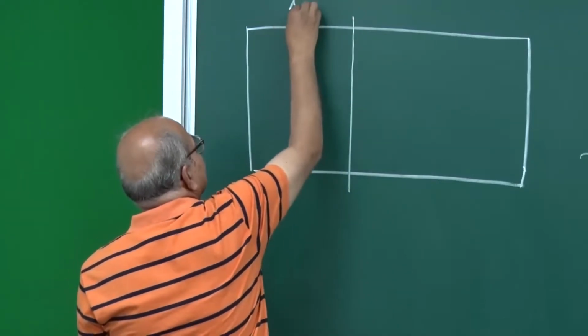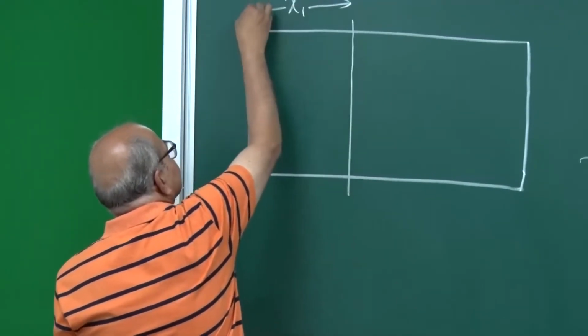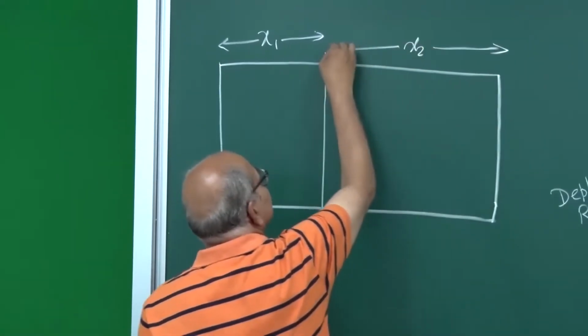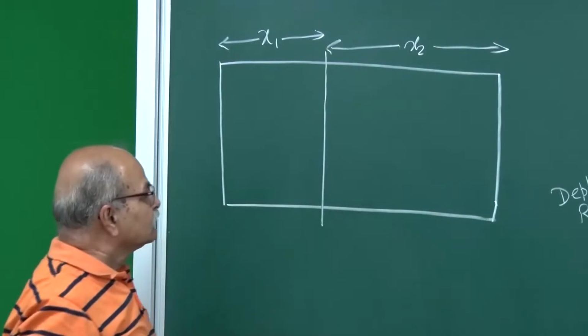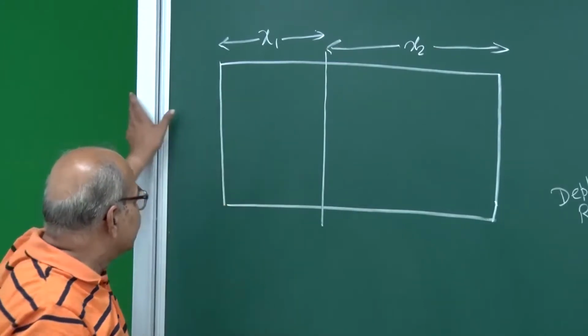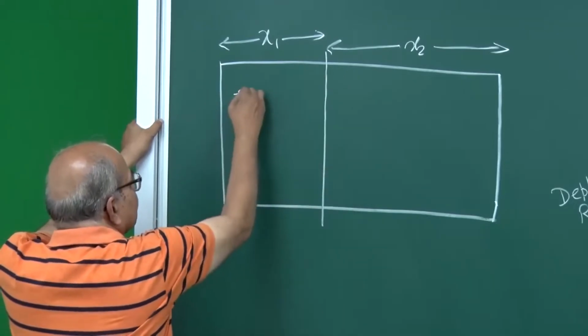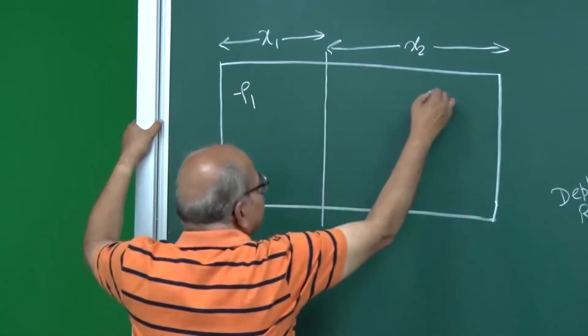So this is x1, and this is x2, and this is the junction. So up to here you have that negative charge minus rho 1. In this whole thing you have minus rho 1, and in this whole thing you have plus rho 2.